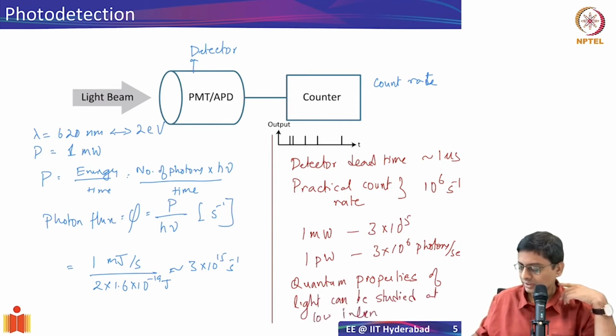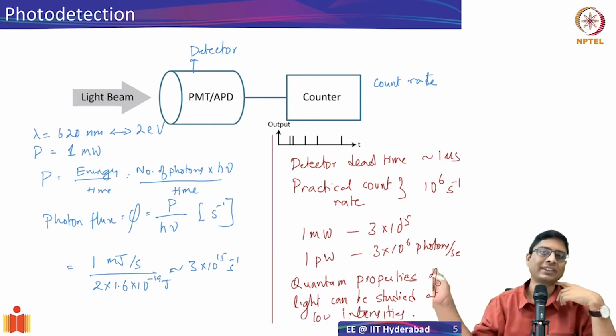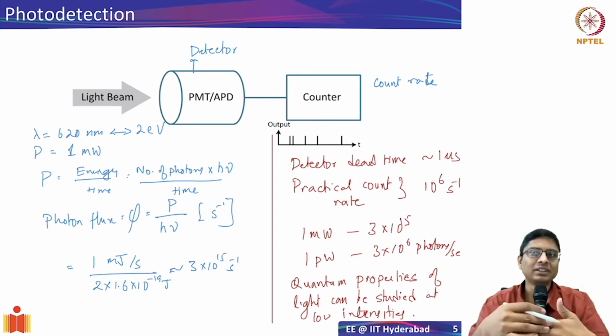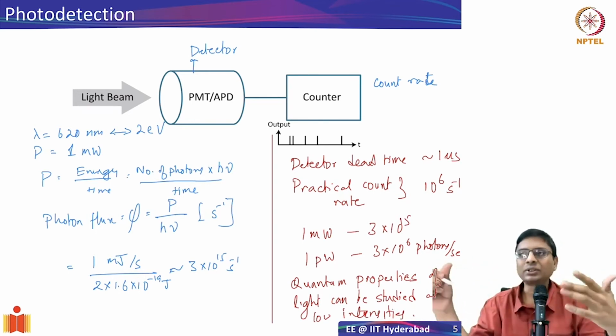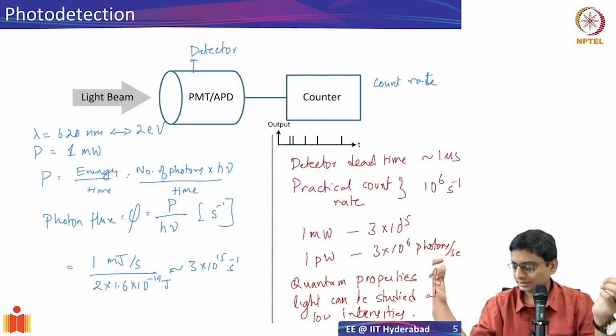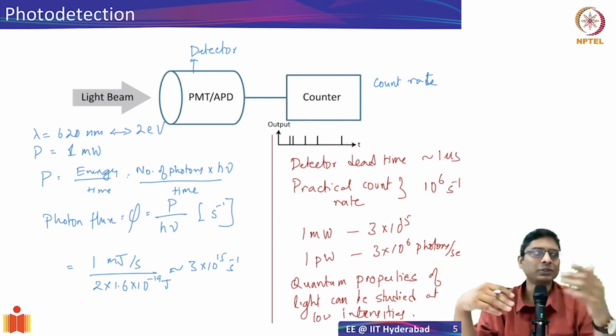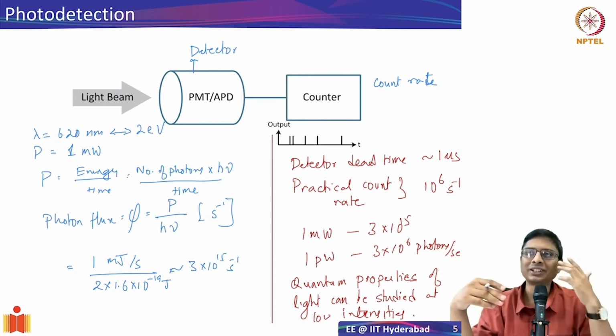This is one of the reasons why I showed you in the initial graph, on the x-axis we had the intensity, I said that we have to go down in the intensity. That is because you don't have any practical electronics that can actually detect higher rates. Of course, when you are dealing with picowatts, if you shine a picowatt beam, you probably will not even see it easily.